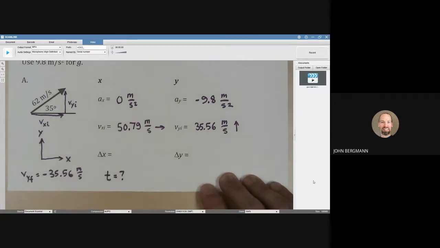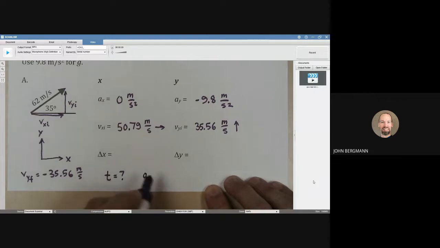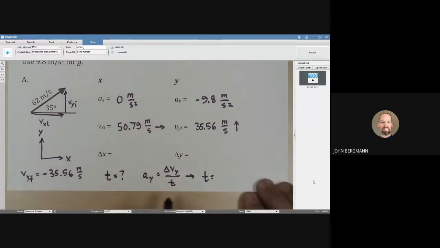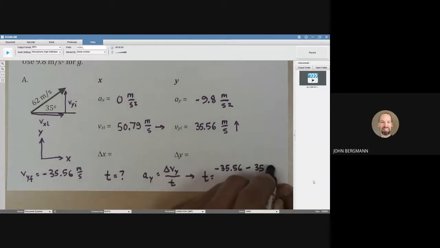How do we do that? Well, one equation for acceleration is the acceleration, let's say in the y direction, is equal to the change in velocity in the y direction divided by time, which means that time is Vy final, negative 35.56, minus Vy initial, 35.56, divided by negative 9.8.